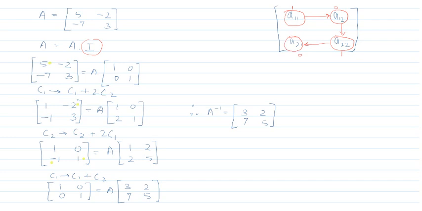You must have seen that we have followed the same procedure to find the inverse of the matrix. We'll be looking for finding of inverse of a 3 by 3 matrix in the next session.